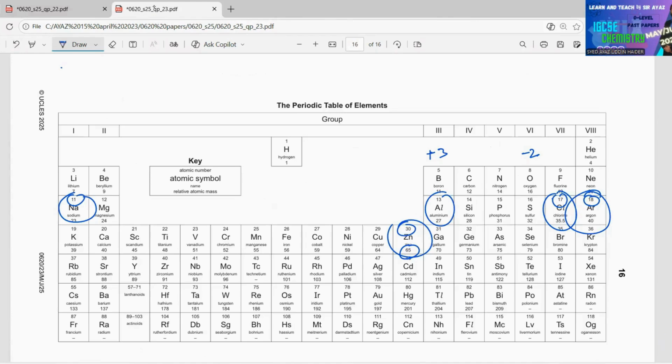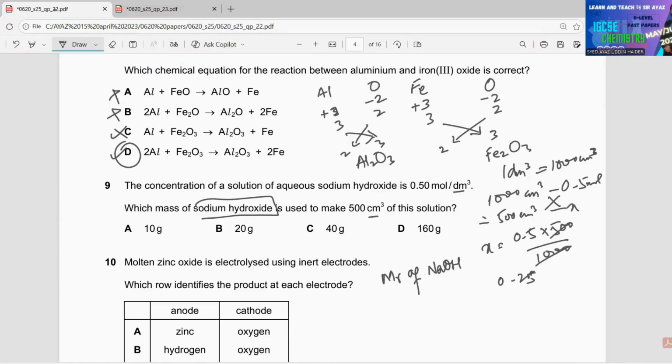Nucleon number of Na is 23. Oxygen nucleon number is 16. For hydrogen is 1. So 23 plus 16 plus 1, you will get 40. Multiply 40 by 0.25. So A must be the right answer in this case, 10 grams.